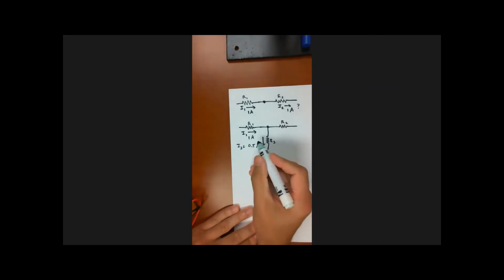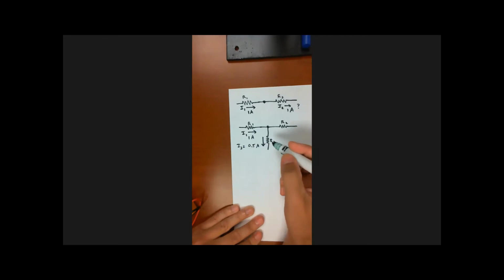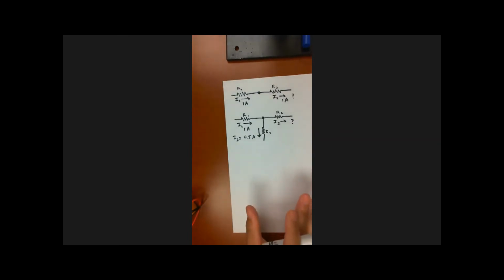All right, so I'm telling you we have 1 amp coming into this node here. I'm telling you we have half an amp coming out of this node through R3. And now my question is the same. What is I2? All right, so again, we're just using intuition here. I'm going to give you a way to write this equation later on in just a few minutes so that we can formalize this and solve things even when they're a little bit more complicated than this.